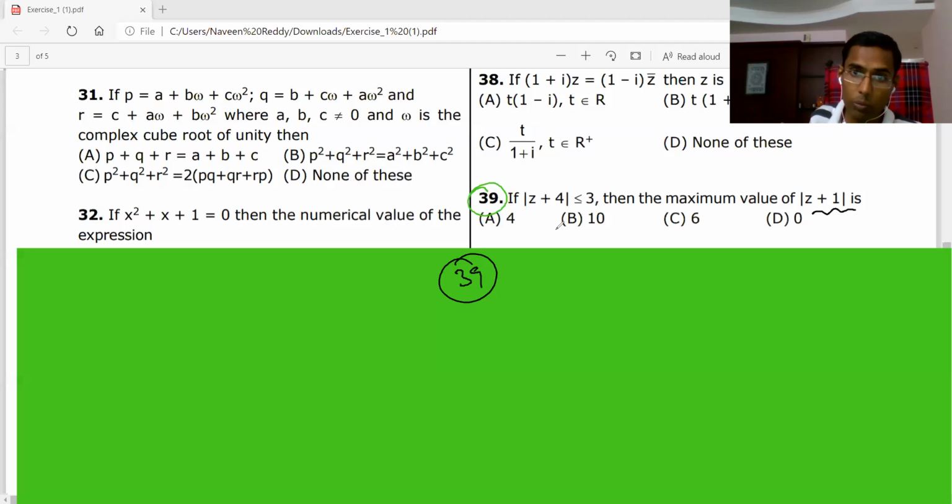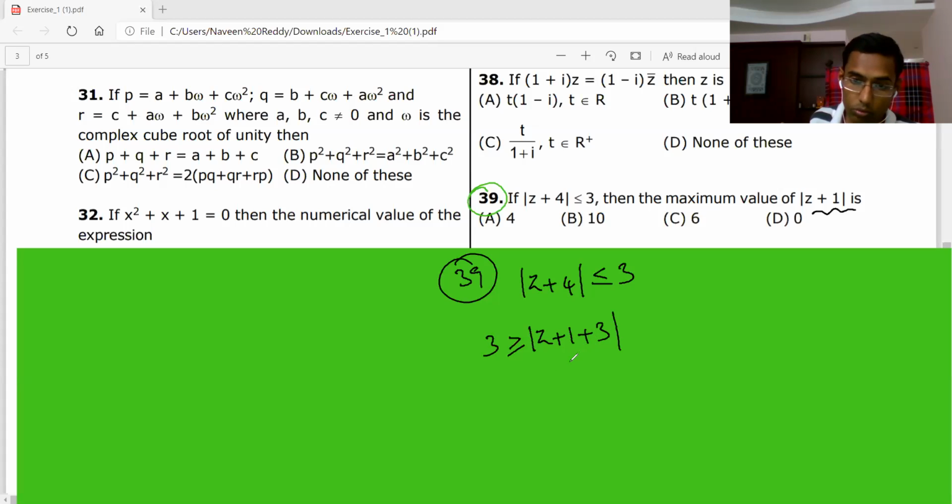Here what is given is |Z + 4| is less than or equal to 3. I need to find |Z + 1|, so I should write Z + 4 as (Z + 1) + 3. Why? Because I want Z + 1, so I have to create Z + 1. Here this is Z + 4 only, and |Z + 4| is less than or equal to 3.